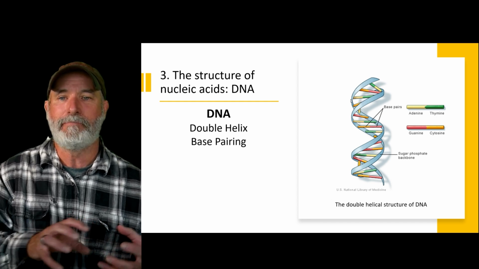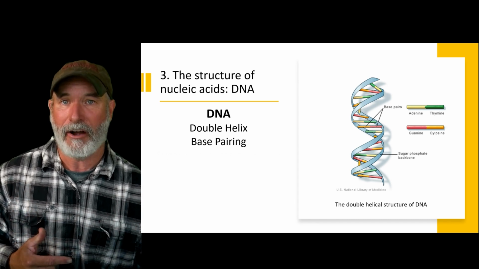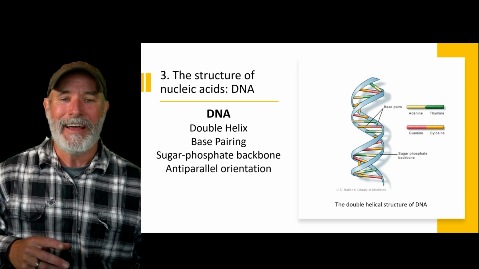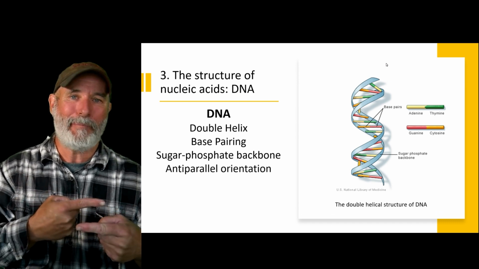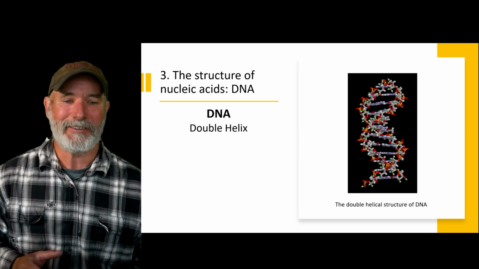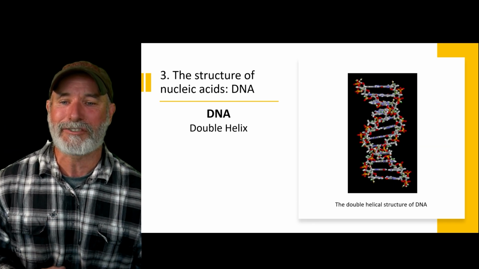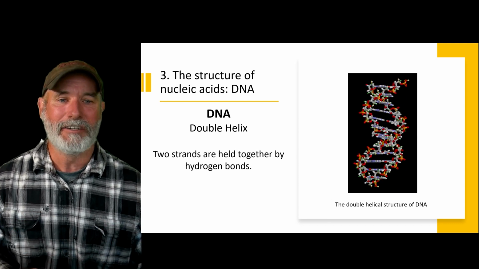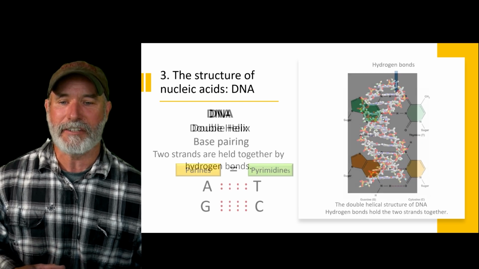And those nitrogenous bases, they pair up together. That is called base pairing. And I already talked about the sugar phosphate backbone. And this is anti-parallel, so they're going in opposite directions. Okay, so there's our DNA right there. That's our iconic double helical structure. The 2 strands are held together by hydrogen bonding in the middle between those nitrogenous bases.